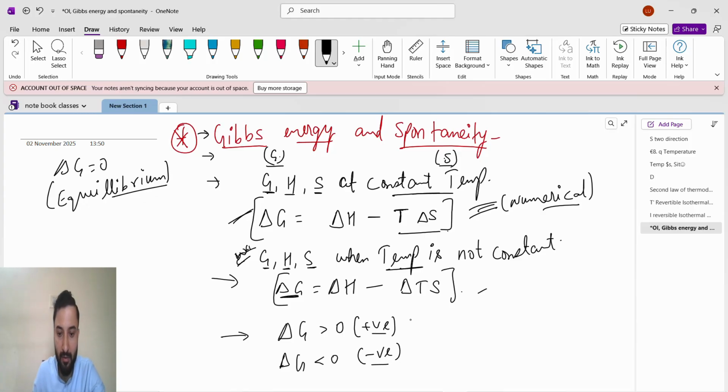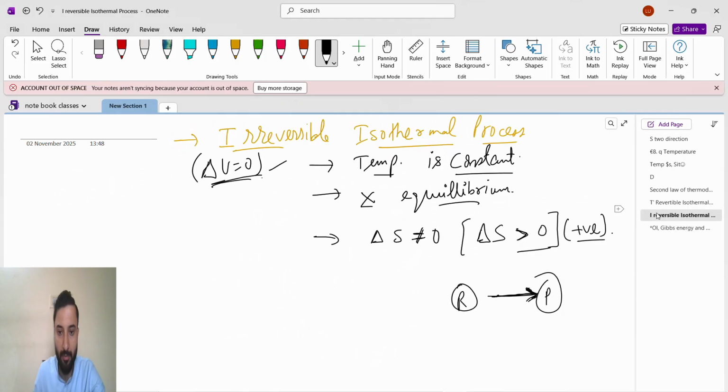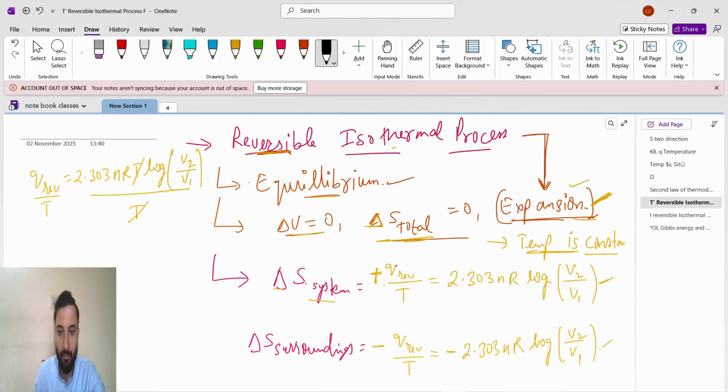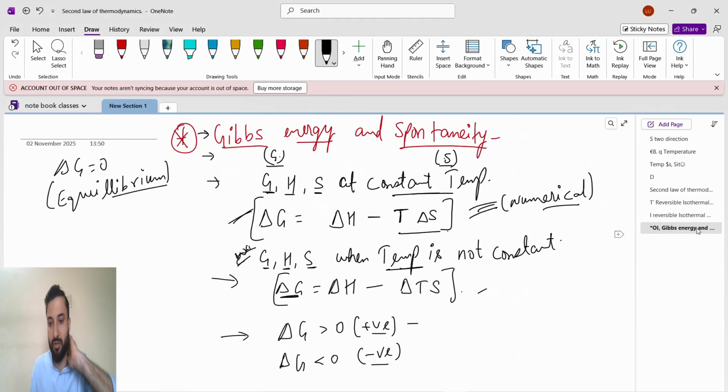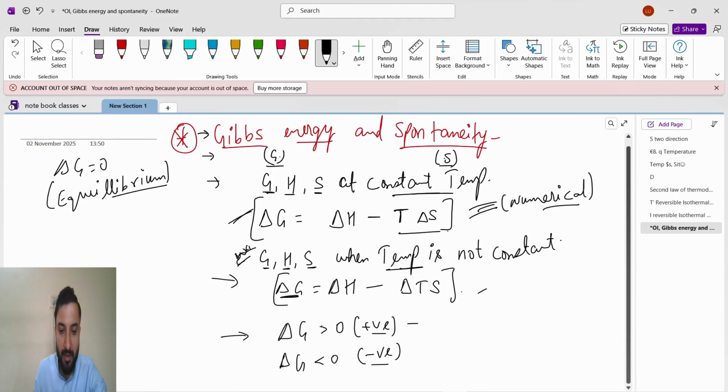Here, delta S total greater than 0 is for spontaneous. Here it changes, it's not the same. Delta G greater than 0 means positive, and it is for a non-spontaneous process.